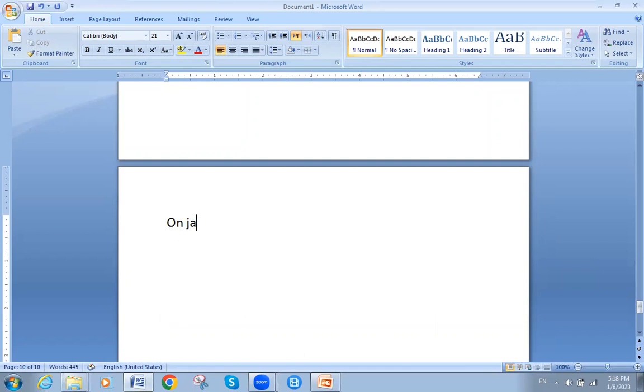On January 28, the company sold goods of, and the dollar sign here, of dollars, let's say 20,000 dollars.